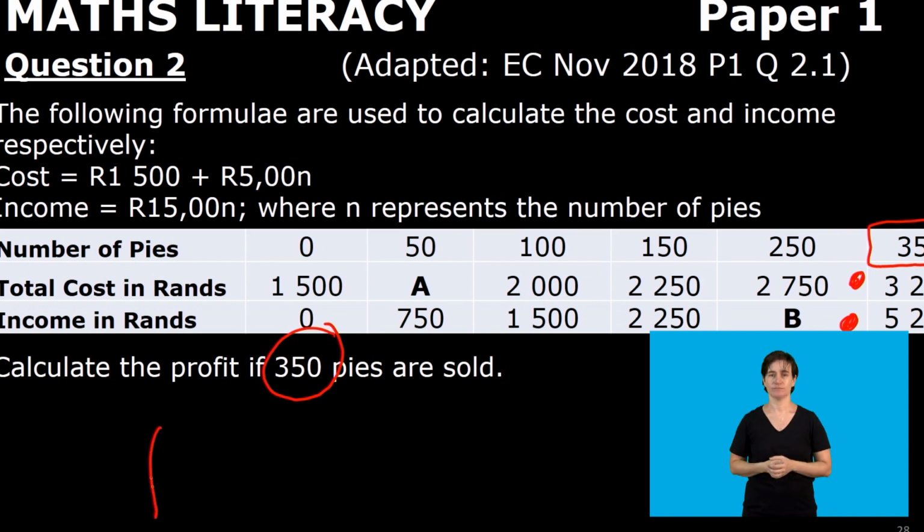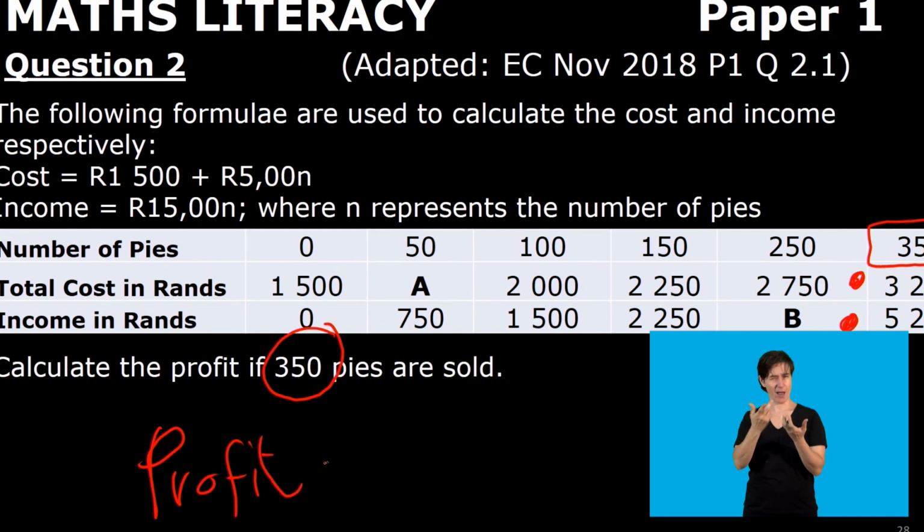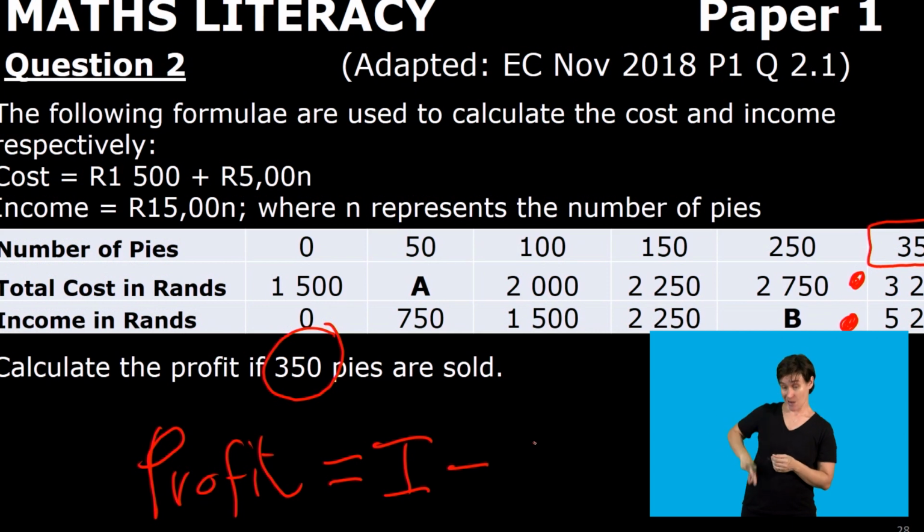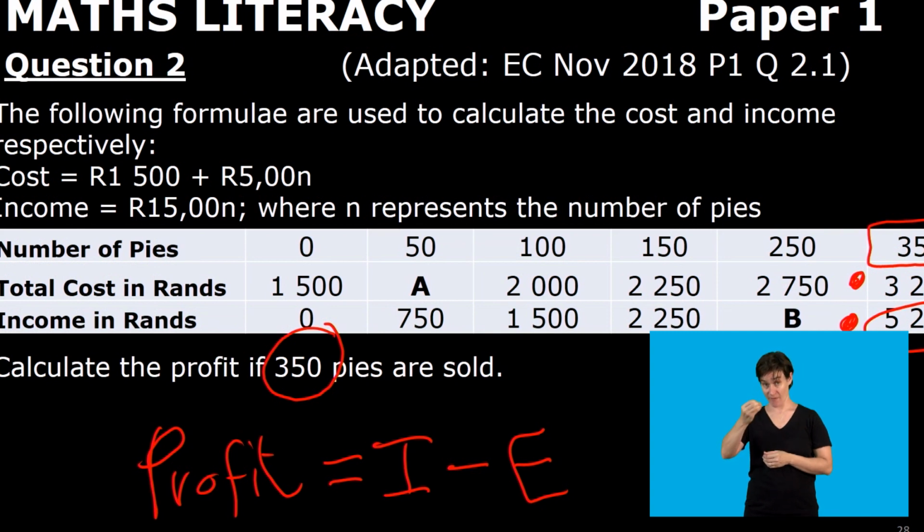And now we know profit is my income minus my expenses. So it's going to be the 5,250 minus the 3,250.